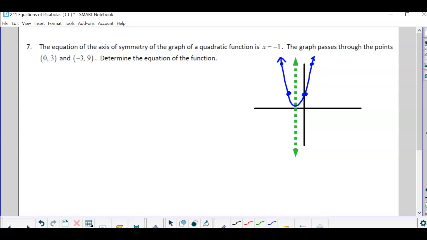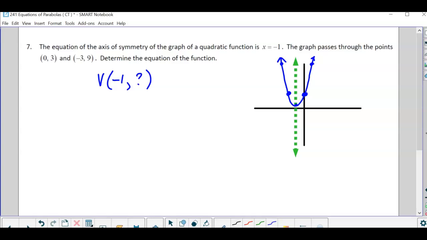We don't know what the y value is, okay? But we know that the vertex has an x value of -1. We're not sure about the y value. So we may have to do a system of equations, but let's think about what happens here.